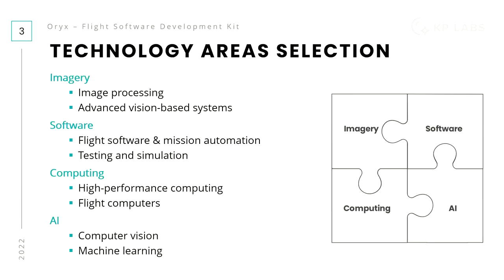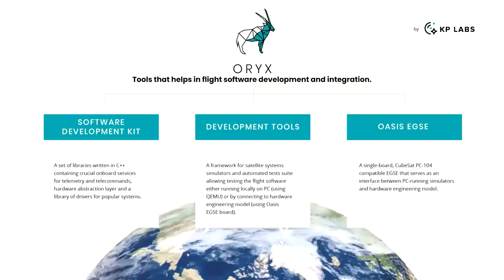So let's jump to Oryx. What is Oryx? The topic of our presentation today. As I said, Oryx is a software development kit, but that really doesn't mean a lot, right? There are many things that can be put under the SDK, software development kit label.